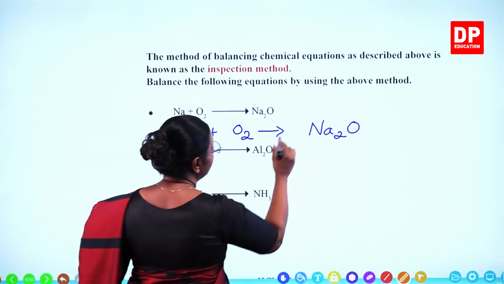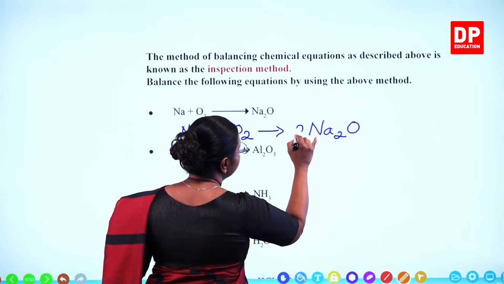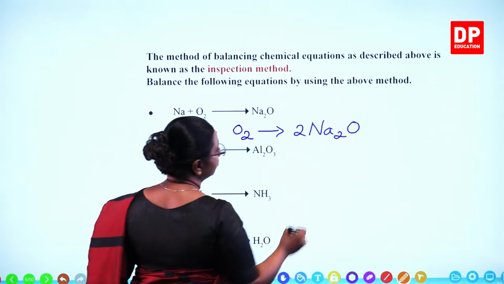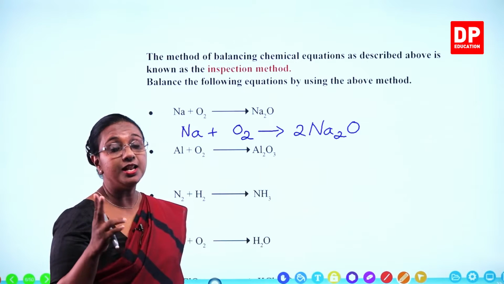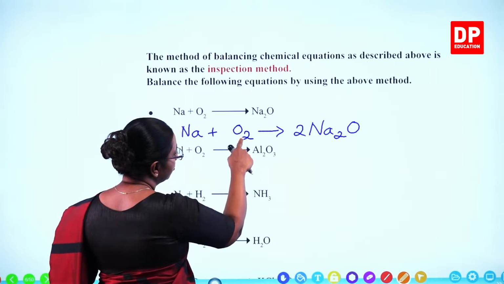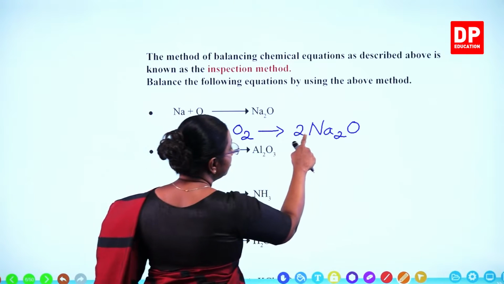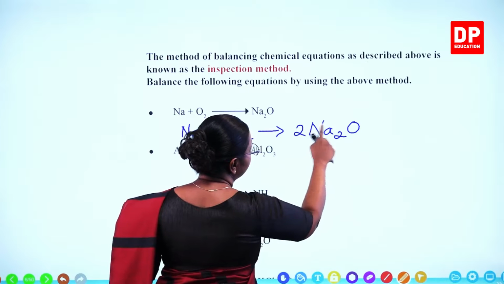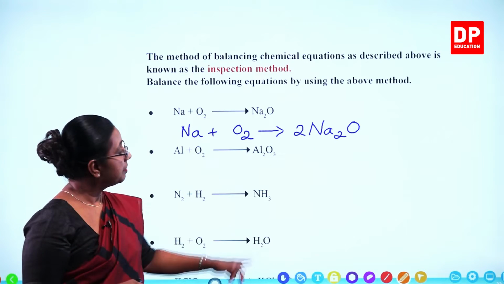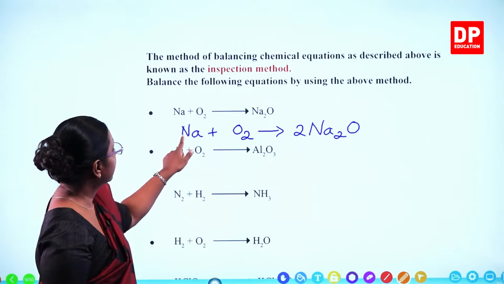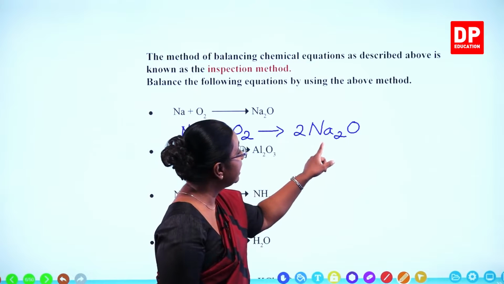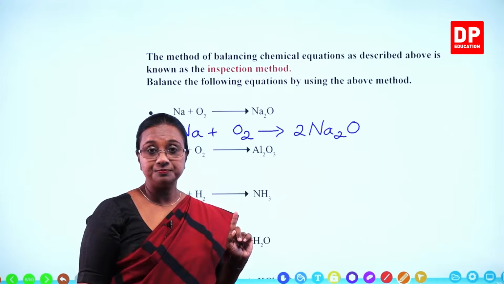So what do we do? We write it as a coefficient 2 there. So now 2 Na2O, 2 sodium oxide molecules. Now if we count the number of oxygen, O2, 2 oxygen atoms, 2 Na2O, again 2 oxygen atoms. So that is balanced. But there is only 1 sodium here, but there are 2 Na2O molecules.